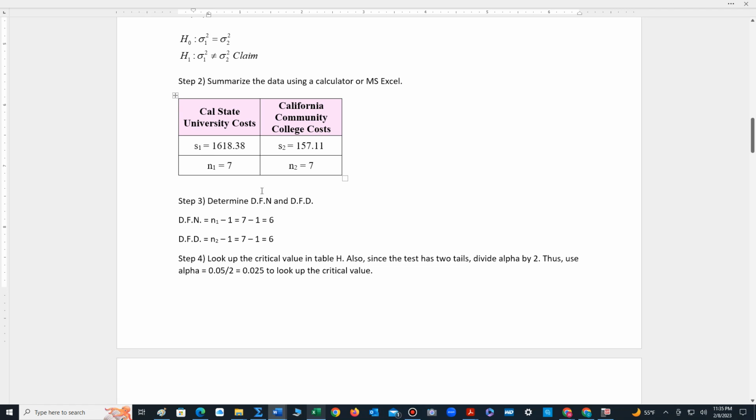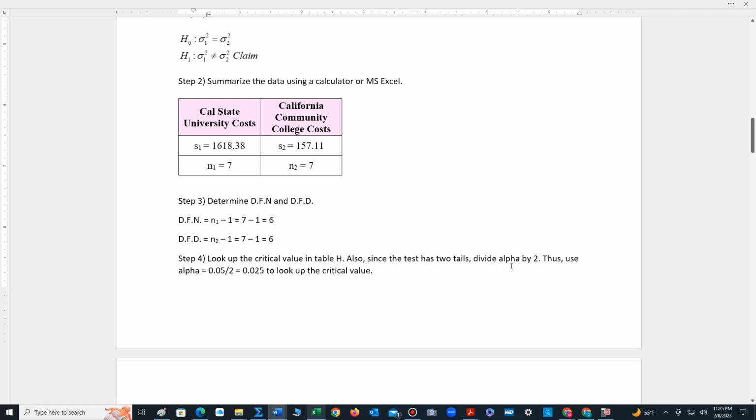Next, we calculate degrees of freedom of the numerator. That's n1 minus 1, 7 minus 1 is 6. Degrees of freedom of the denominator is n2 minus 1. Once again, 7 minus 1 is 6. We look up the critical value in table H, but we have to be very careful because we don't have any left tails in the book that we use.